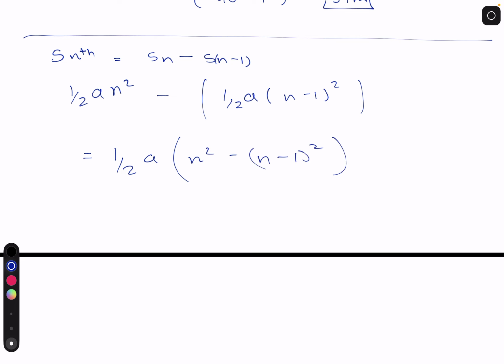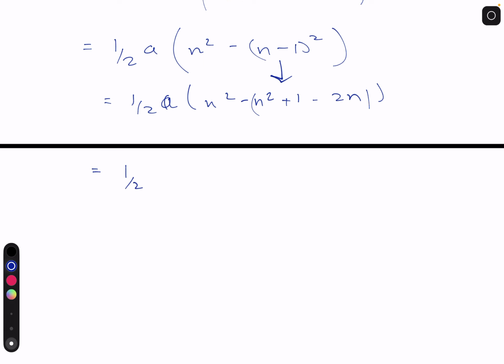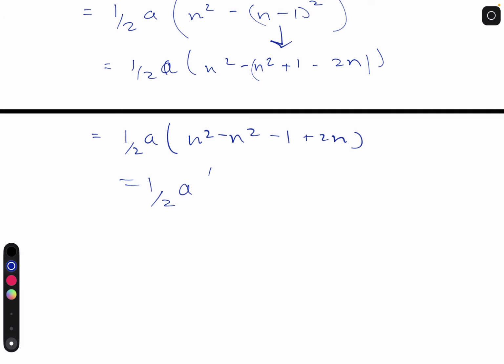Which is equal to half A in bracket n square minus n square minus 1 plus 2n. We opened this bracket like this. So that means this is equal to n square minus n square minus 1 plus 2n, which is equal to half A. N square and n square get cancelled. So this is equal to 2n minus 1. So that's how you get this formula.